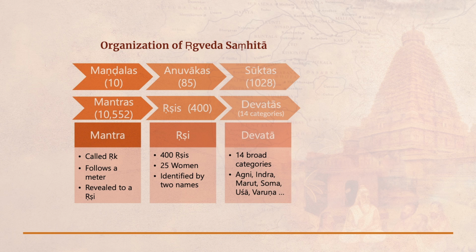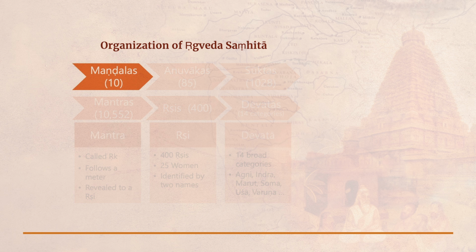Now let us see the organization of the Rigveda Samhita alone. We will see how it is organized. Rigveda Samhita is made of mandalas. This is how one can look at the hierarchy here. Rigveda is made of 10 mandalas. Each mandala has a certain number of anuvakas.